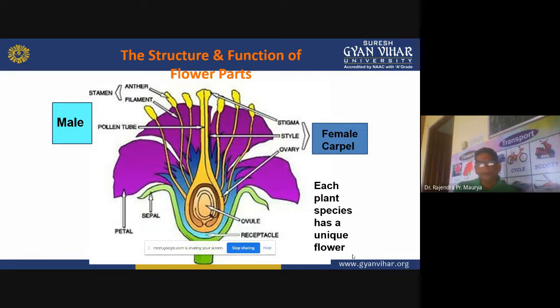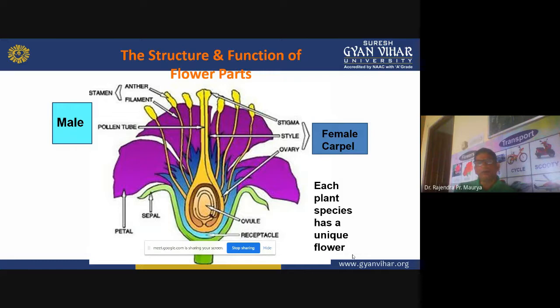If male and female flowers are present on the same plant but at two different locations, that is known as monoecious. Or if male and female flowers are present on two different individuals of the same species, then it is known as dioecious.